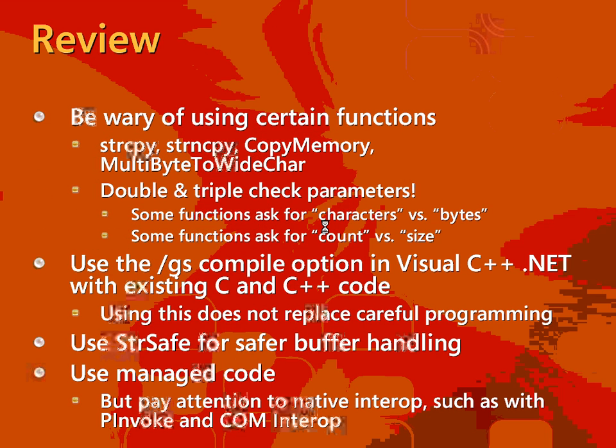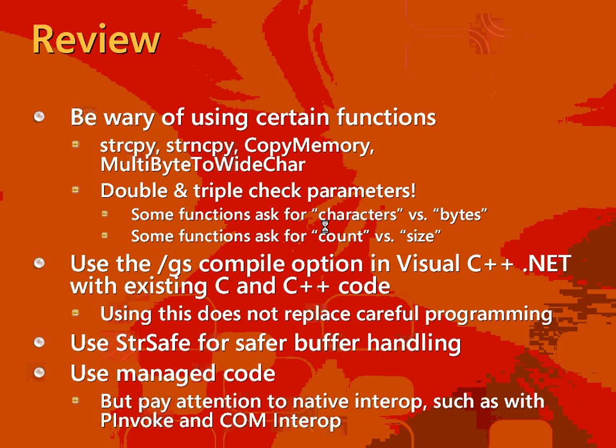So to take a quick review of this teaching object, it's highly recommended that you're wary of using certain functions, such as the standard C routines or some of the deprecated Win32 routines that are used in order to manipulate memory that could theoretically have a buffer overrun, whether on the stack or in the heap or in other locations.